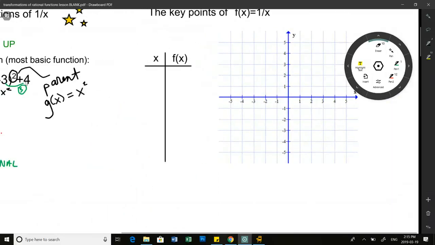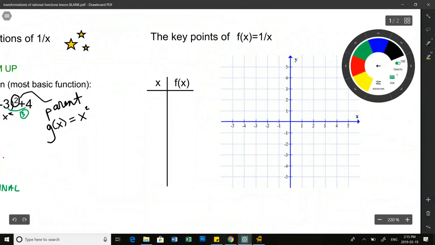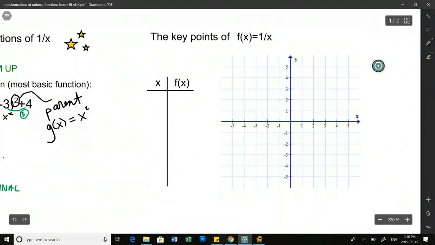Good. Okay, so last parent function out of the 3. Eventually, the goal is that all of these are going to be mixed together. If I get a question, I need to be able to identify the parent function I want to use, and the key points for that specific parent function.